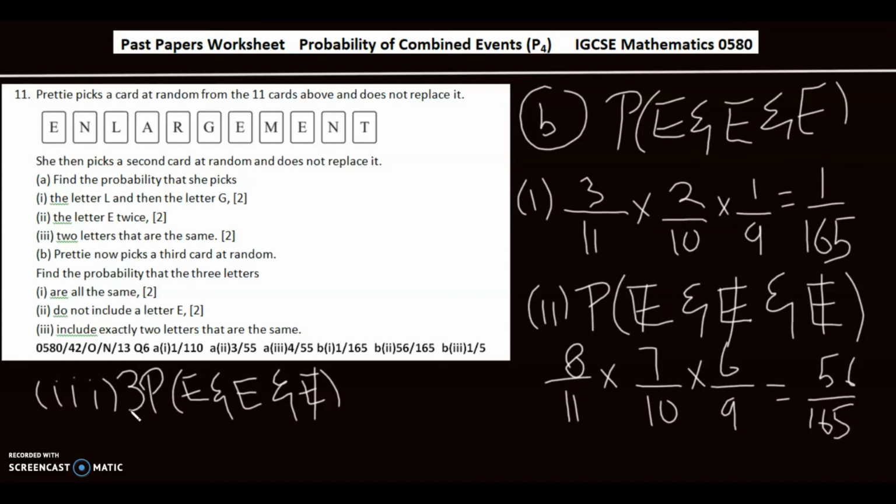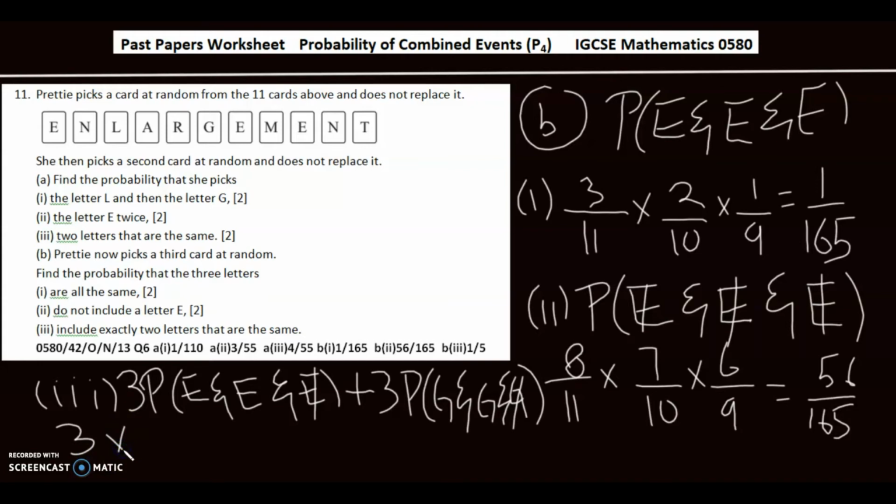So I multiply that with 3. Similarly, plus 3 times probability of getting G and then G and then not G. So let's see, 3 times probability of getting an E, E and not E.